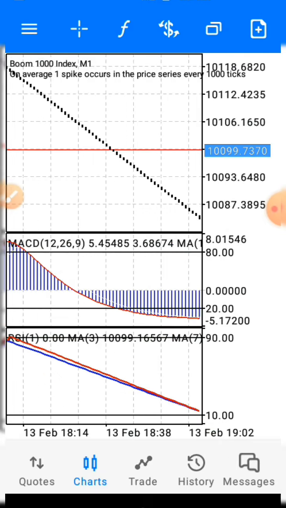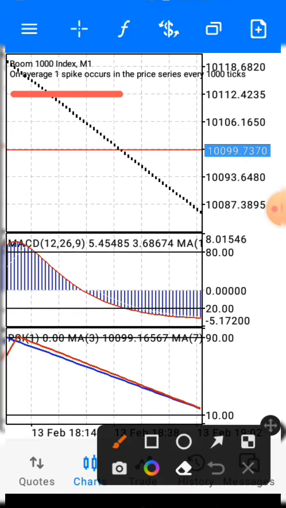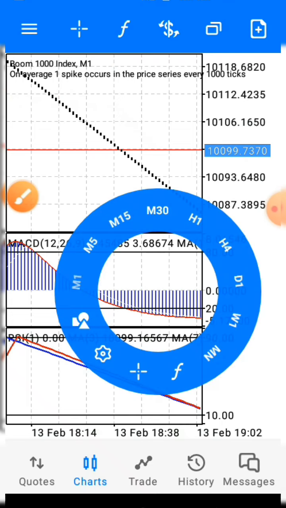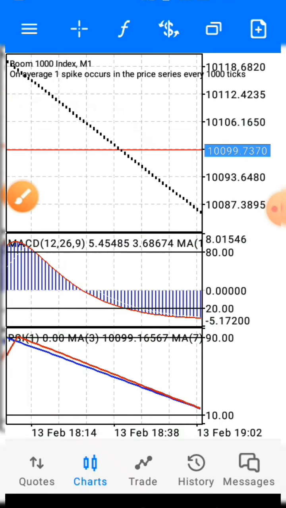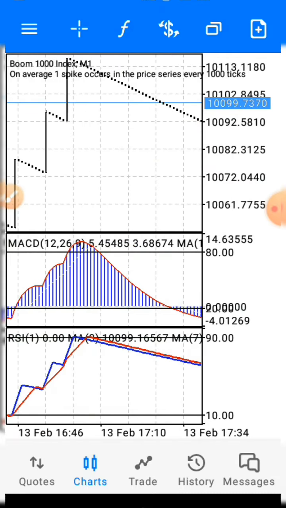Now you know that you are following the trend, you know you are on the right trend to trade. That is, if you are on boom, it's going to be a downtrend, and if you are on crash, guys, it's going to be an uptrend. Because with this strategy we are trading against the spike. We are not catching the spike, we are trading against the spike. So we are just going to be taking some little ticks, 5 ticks, and then you are out.